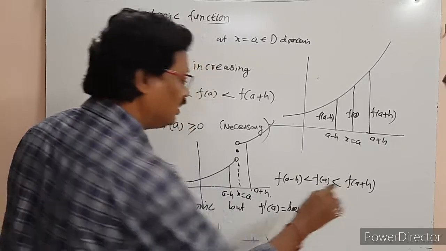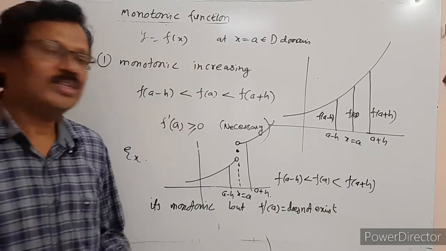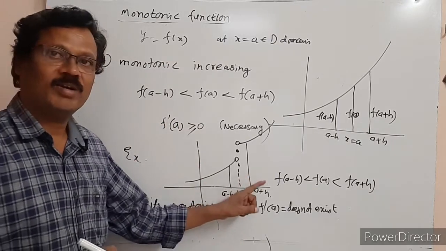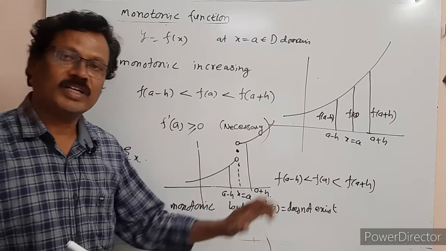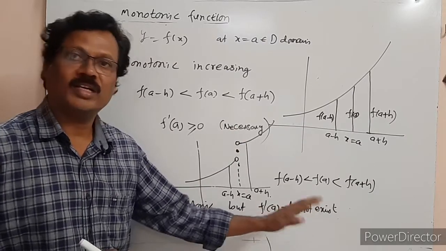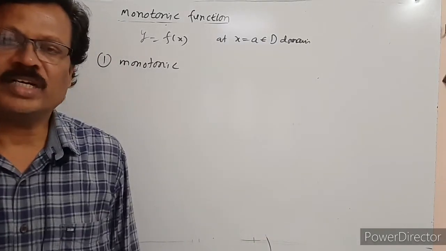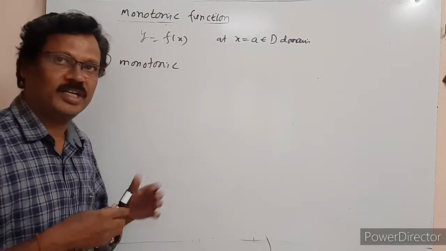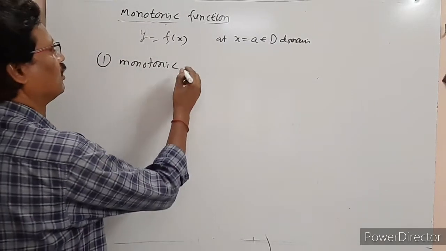Here that f dash a does not exist. Though that f dash a does not exist, the function may be monotonically increasing or the function may be monotonically decreasing. Now next let us see the monotonic decreasing function, that is called strictly decreasing function.